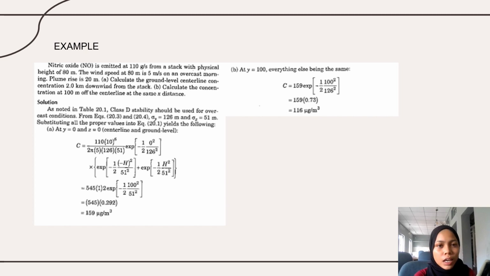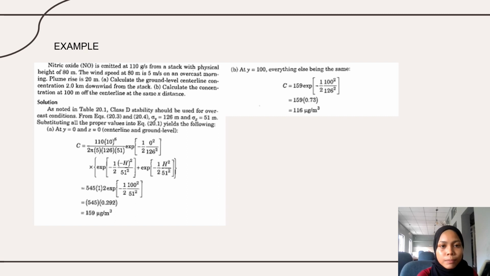Given the wind speed, and it is stated that the condition is an overcast morning, so we can assume it is in class D. From equations 20.3 and 20.4, we can get the coefficients sigma y and sigma z, and we can substitute them in equation 20.1 for the Gaussian model equation, and we can get the ground level centerline concentration 2 km downwind from the stack, and we get 159 microgram per cubic meter.